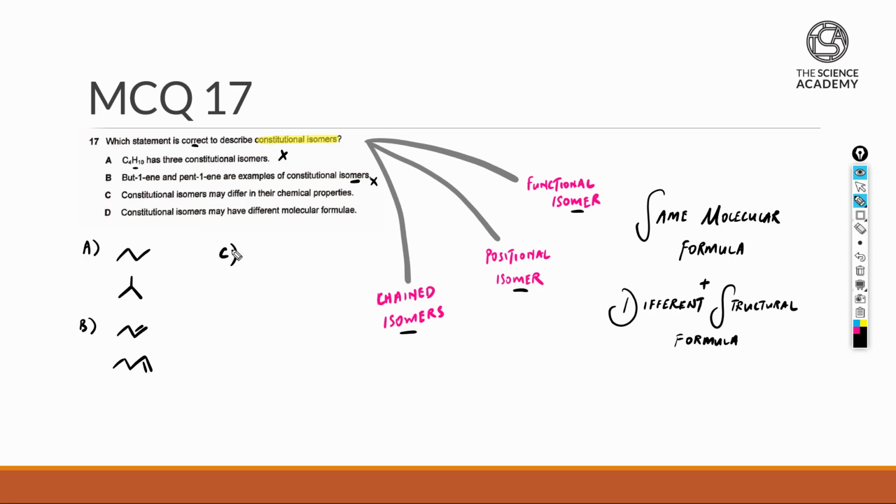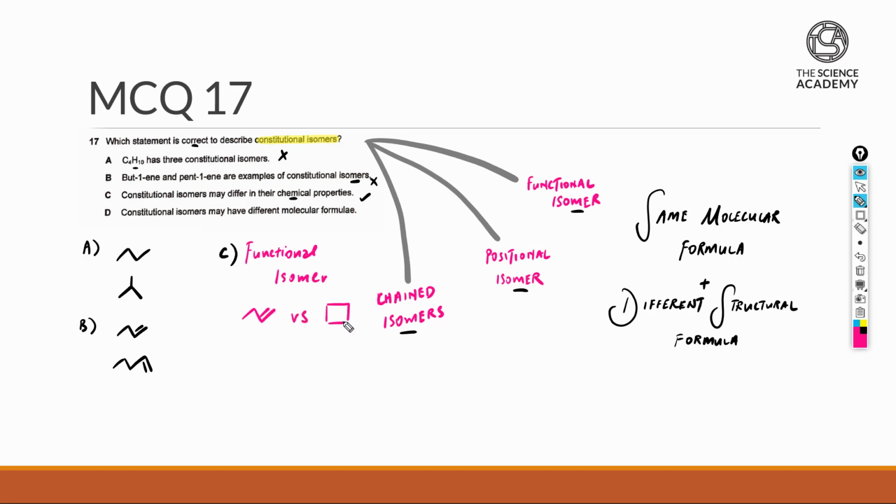For part C, constitutional isomers may differ in their chemical properties. Now I'll say that this is a true statement, particularly if we're looking at functional isomers. So as a preface here, if we're going to take a look at the common one of cycloalkane as well as alkene, you can really see that chemically it's a little bit different. So going again with but-1-ene compared towards a cyclobutane, right?